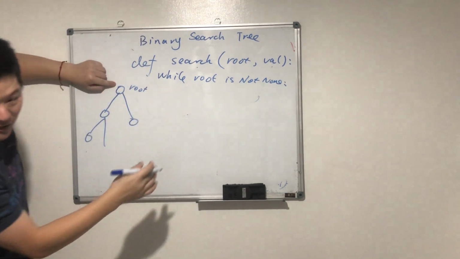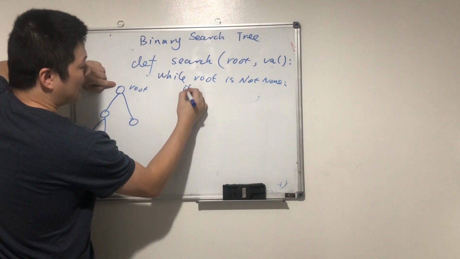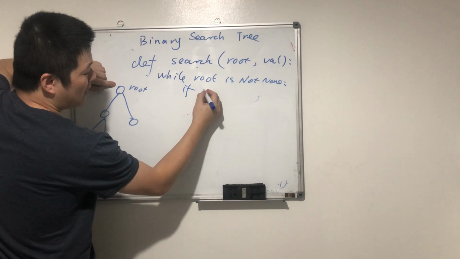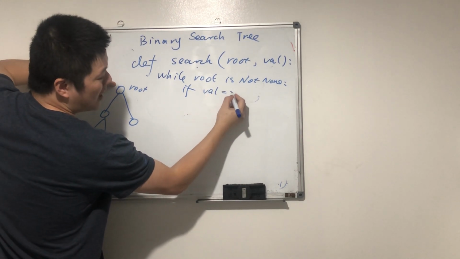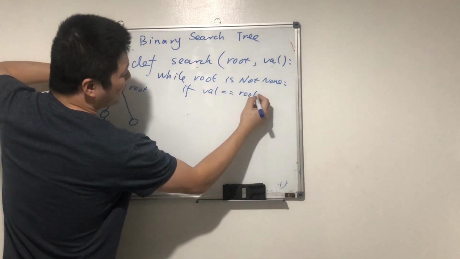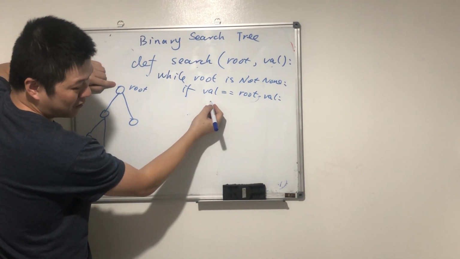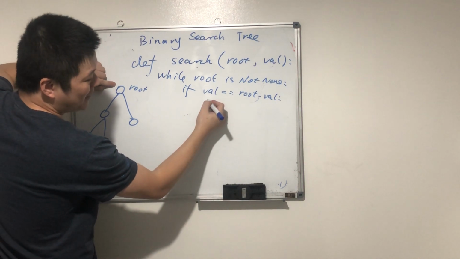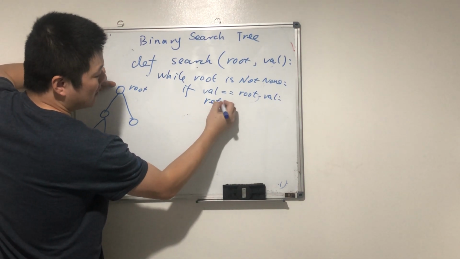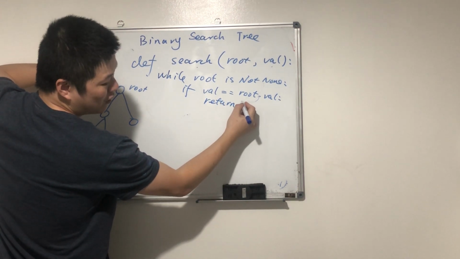Now we compare: if value equals root.value, then what should we do here? We found the value. Return what? True.